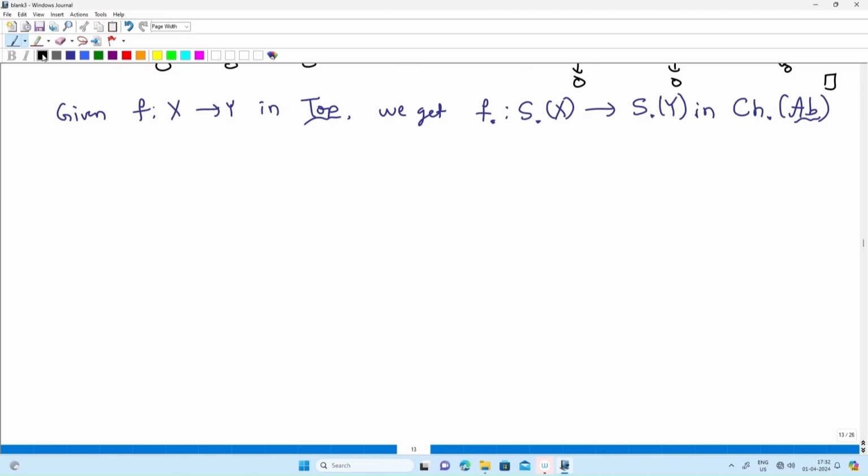So there is a concept of chain homotopy motivated from this notion of homotopy in algebraic topology. So what is chain homotopy?